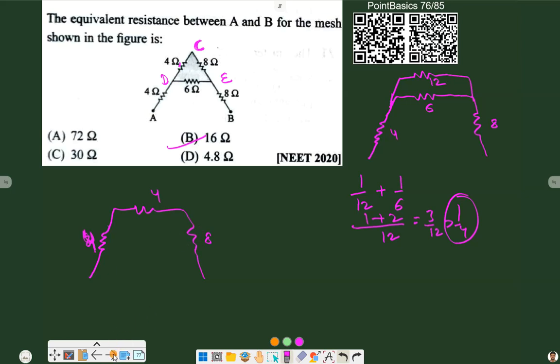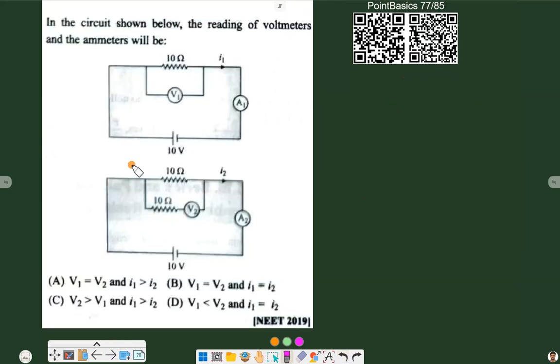Moving to the next one. In the circuit shown below, what will be the readings of the voltmeter and ammeters? As we can see, the source is equal in both of these, that is 10 volts.